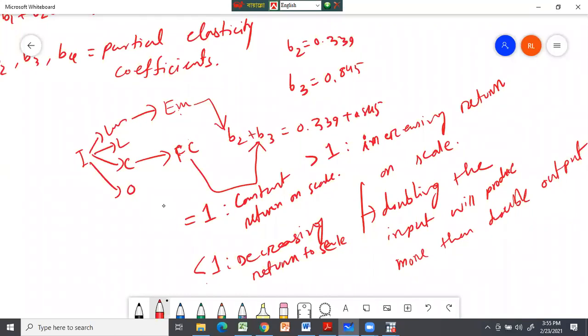Then let's solve a problem from our text regarding the log linear model. This is problem number 4.5.10 from the 4th edition, and from the 3rd edition it is 9.10.